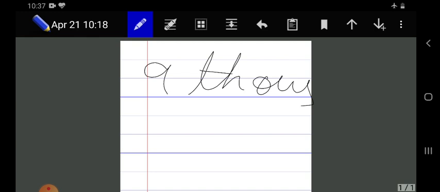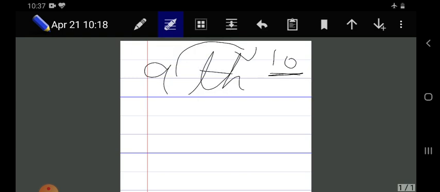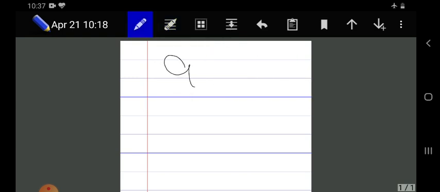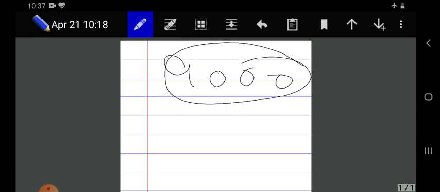Here it is 9000. If we take 1000 from it, so what will remain?